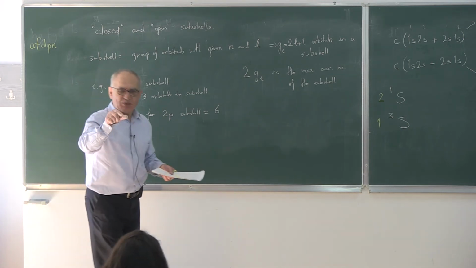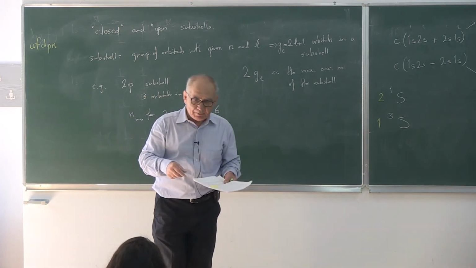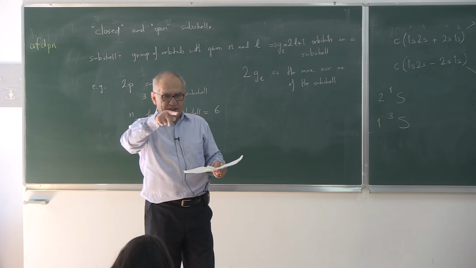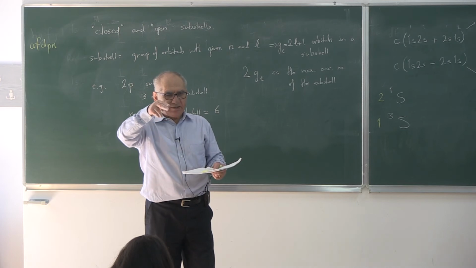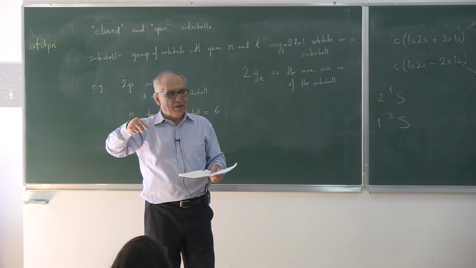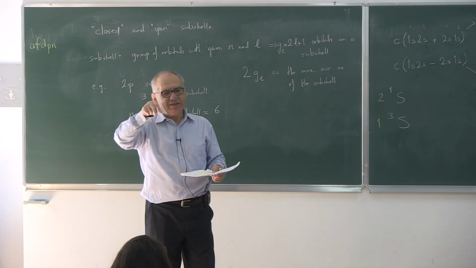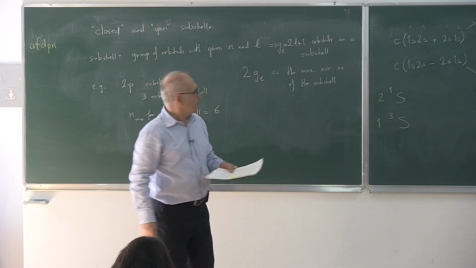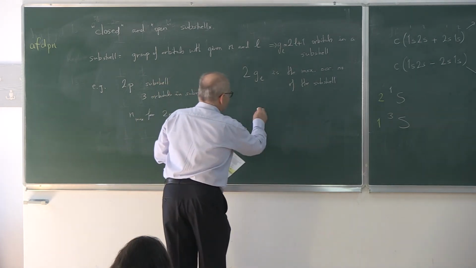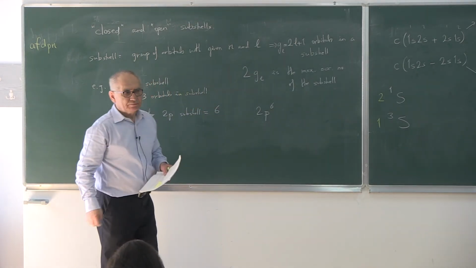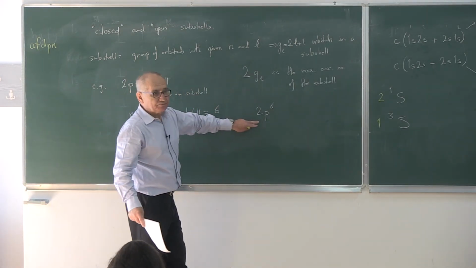Okay, now using this maximum occupation, if we have an electron configuration in which an orbital has maximum occupation number, we say that that subshell is closed. For instance, 2p6 electron configuration.